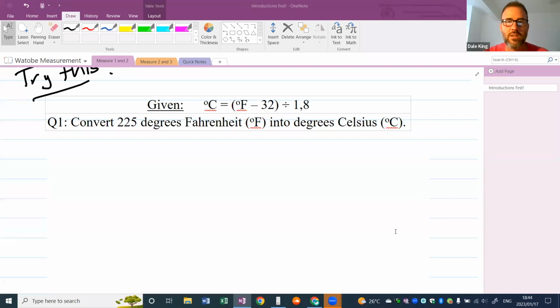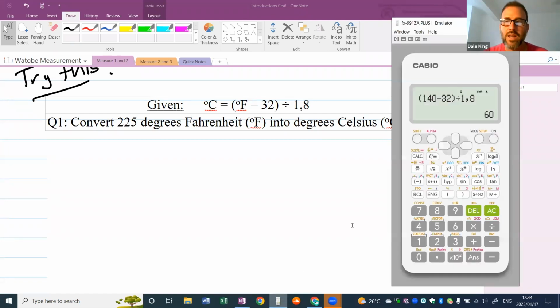All right, let's check it out. If there were two questions, and we've done the first one already, my calculator still has my formula on it. So I don't have to retype the formula. All I have to do is go into my calculator and change the 140 degrees Fahrenheit to 225 degrees Fahrenheit and press equals.